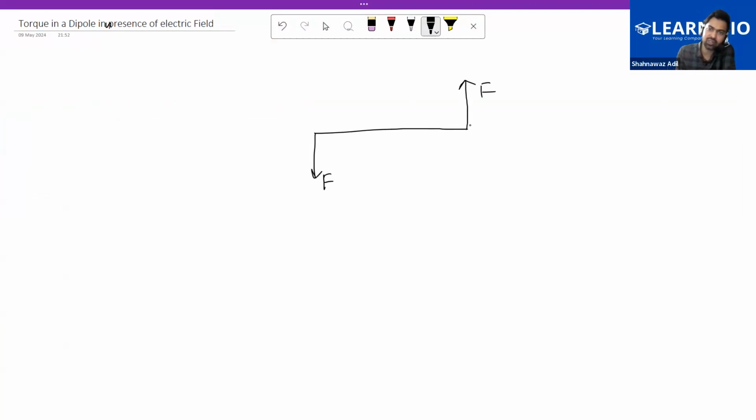So this bar will rotate, right? Whenever you have a force and some axis, and on this axis you apply the force in different directions, that will create the torque.